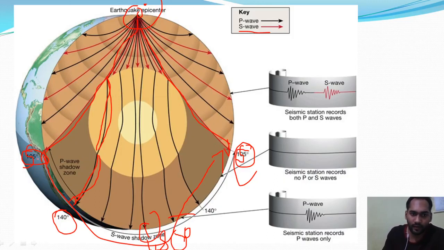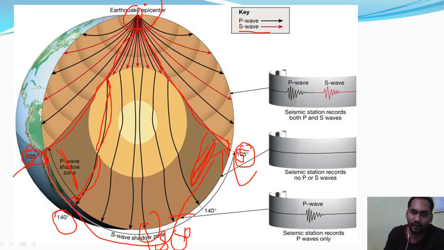So the direct P wave we can get at 103, and then the same P wave, if it enters through the outer core and then comes back to the mantle, we will get it at 140 or 143. In this region we will not get any P wave, or else we can say we will not get any P or S.